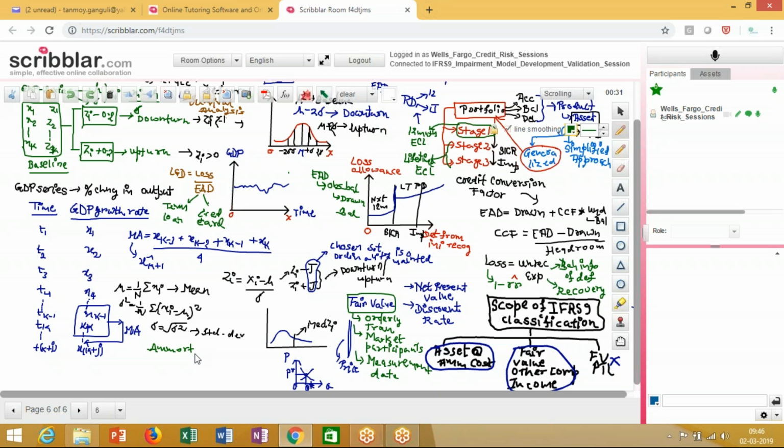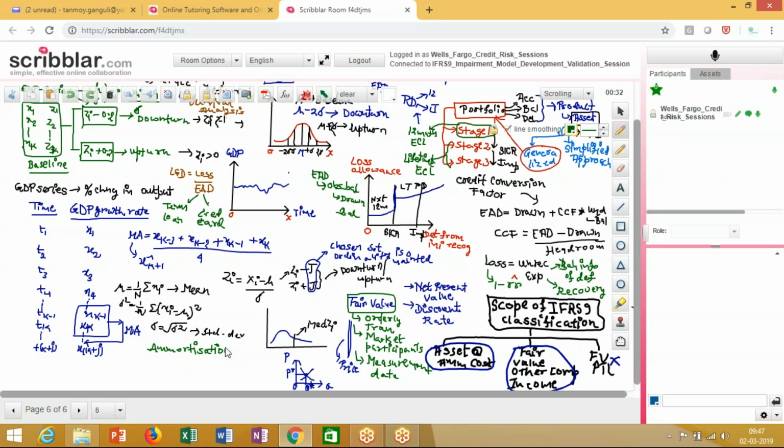Amortization, or as we call it, amortized cost. So let's first try to understand amortization. The concept of amortization is just the counterpart of depreciation for physical assets.